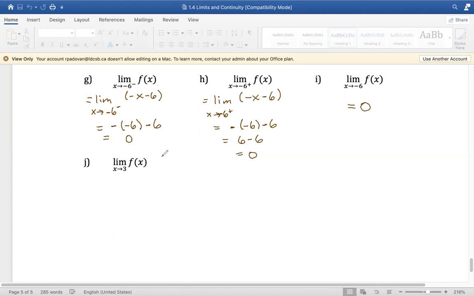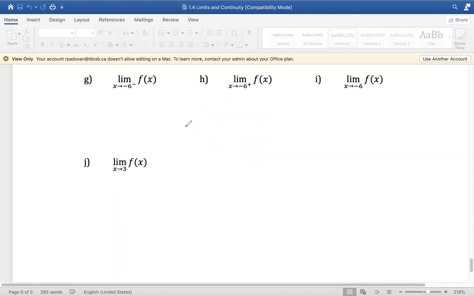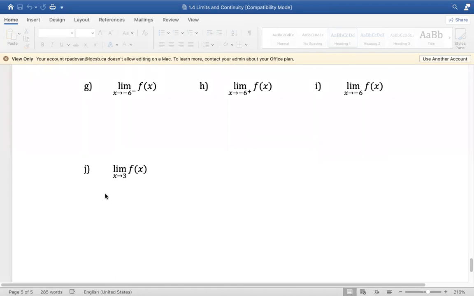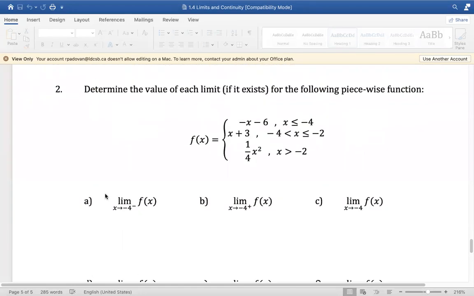What about here? You see how here I have approaching from the left, approaching from the right, and then overall limit. Here I don't have approaching from the left or the right. I'm going straight away to the overall limit. So let's look at why that is. I'm looking at the limit as x approaches 3. Let's take a look up above at what's happening at x approaching 3.